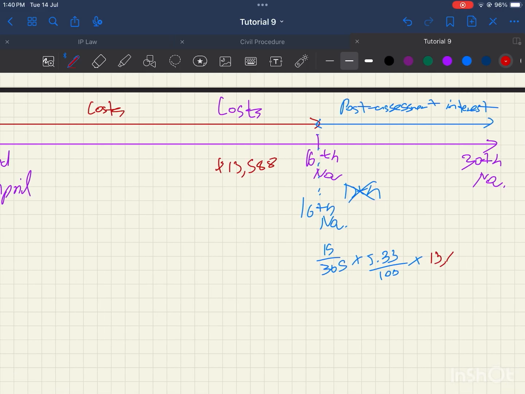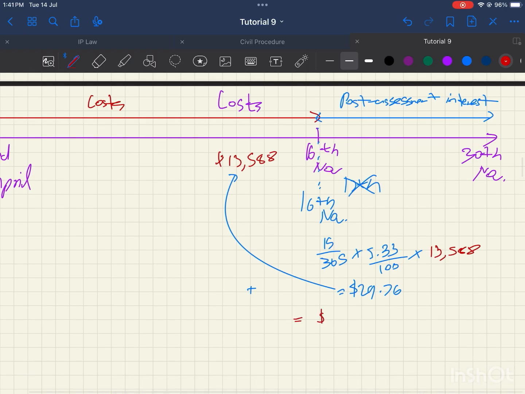And you will get the amount of $29.76, and you got to add this to the cost, and you will get the total amount, which is $13,617.76.